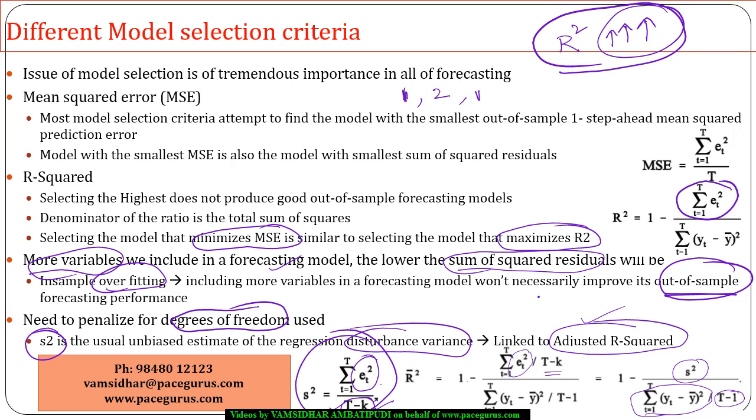But the more the number of variables increases, the adjusted R squared will keep coming lesser and lesser compared to your R squared value, which is a kind of penalty for more parameters being used. Unless the R squared is significantly higher after covering that penalty, there is no need to include that additional variable in our model building for forecasting purposes.